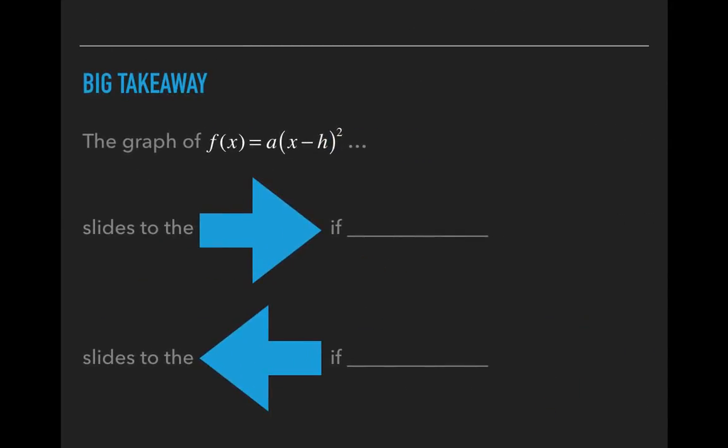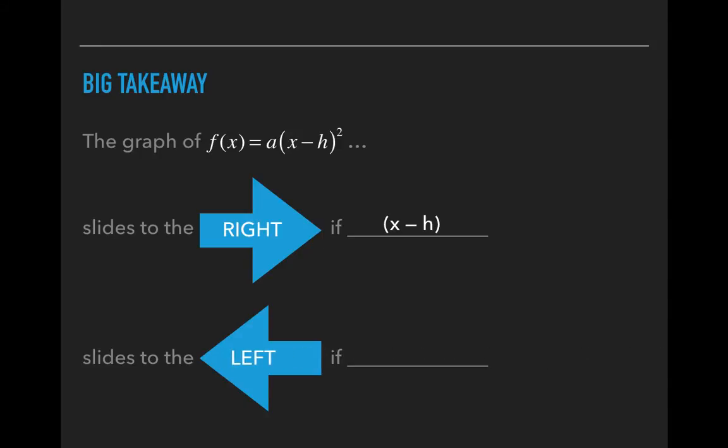Let's take a look at what this means. The big takeaway from all of this: if your function looks something like this, f of x equals a times (x minus h) squared, it's going to slide to the right if you have, in parentheses, x minus some h value.